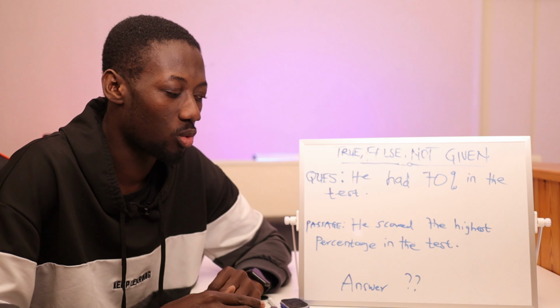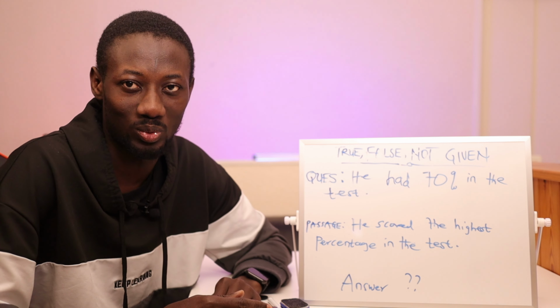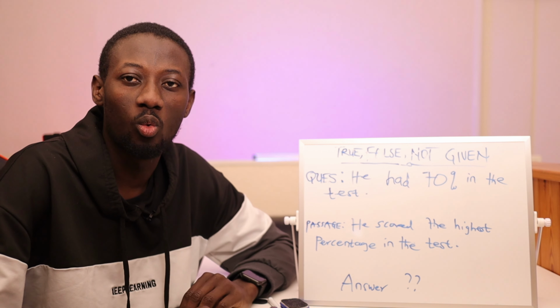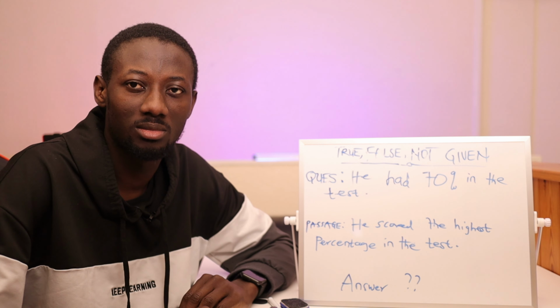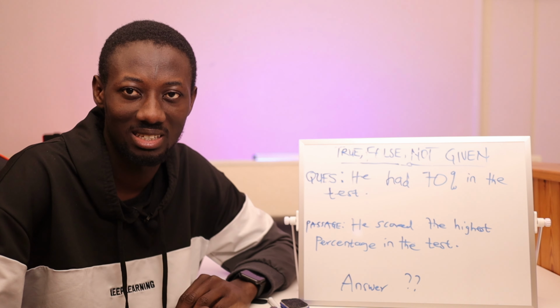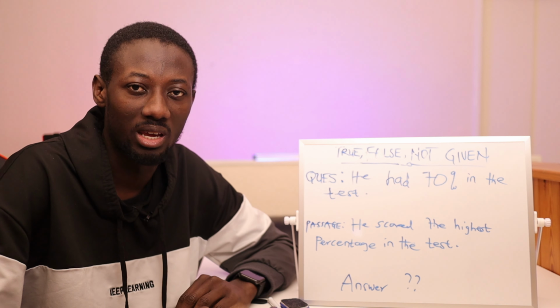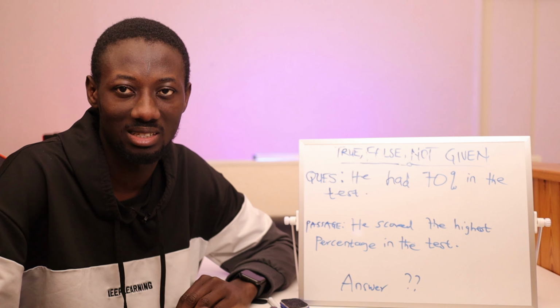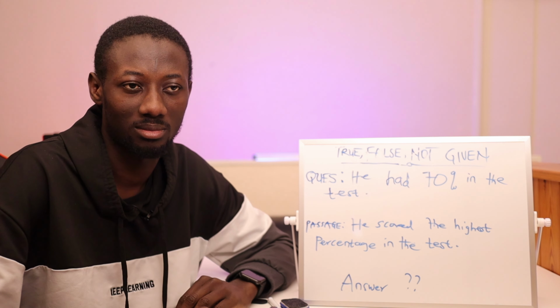So let's quickly go and look at the assignment for today. The question is, Wadud gave his IELTS class 5,000 Ghana cedis. So that is the question.